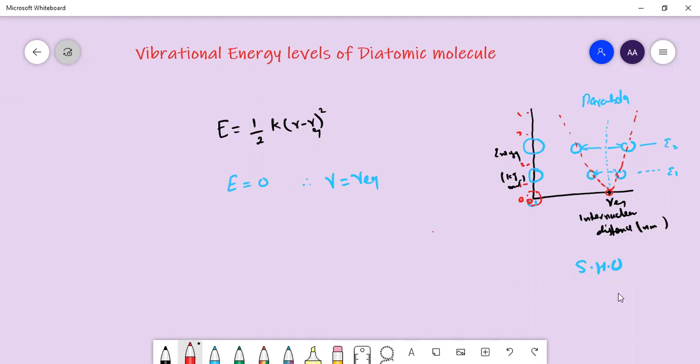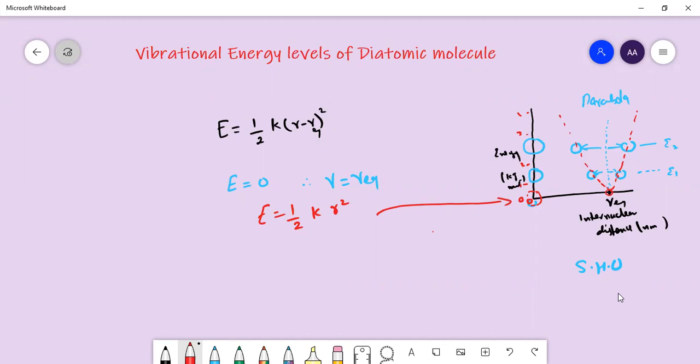So at zero energy, R minus R equilibrium will be 0, and the equation will be like E is equal to half K R squared. This kind of energy equation we may get at zero energy.